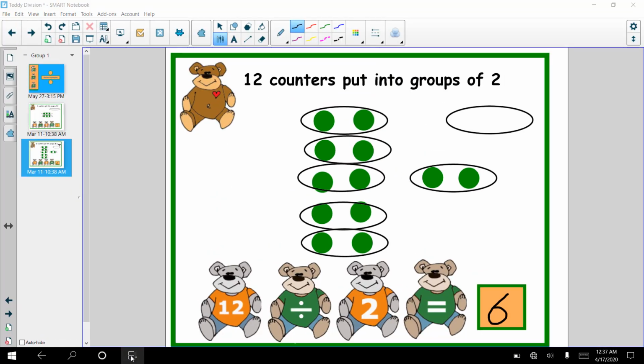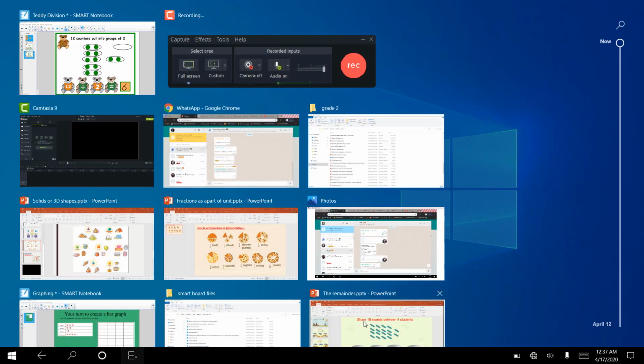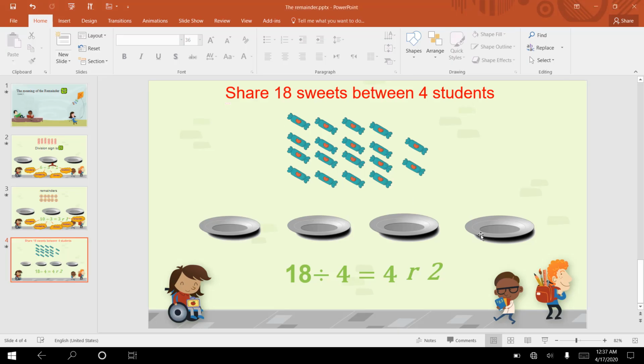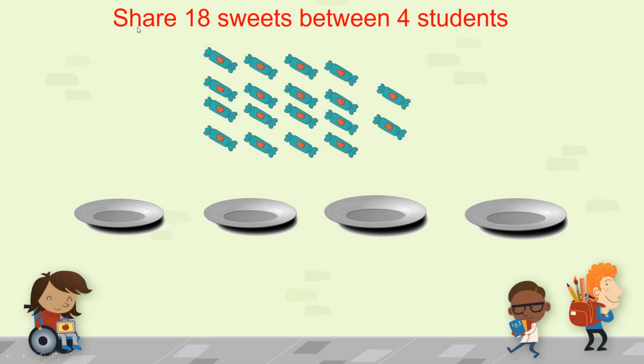Now, what about remainder? He wanted to share 18 sweets between 4 students. What should I do? Let's distribute the sweets equally to the plates.